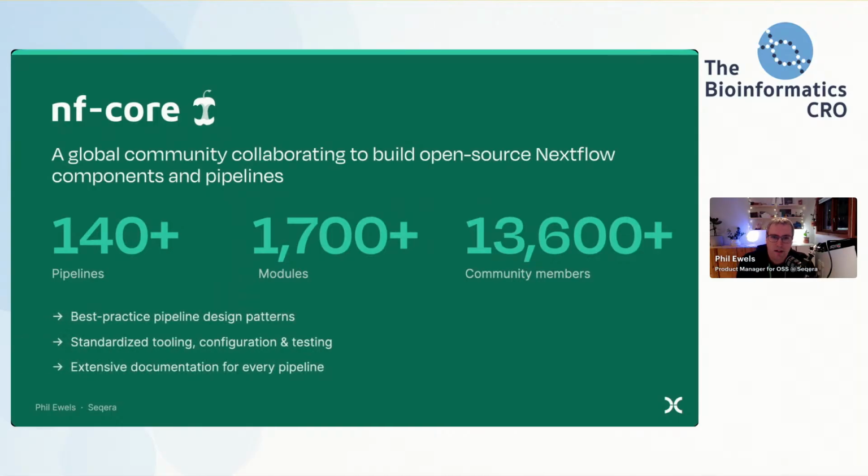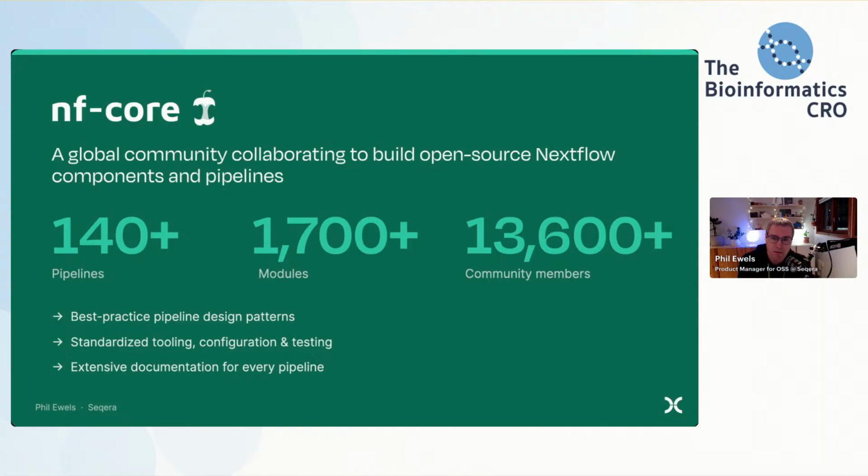The two have formed a very symbiotic relationship. And now we have over 140 different pipelines, which is astonishing when you bear in mind that one of our key guidelines is we only have one pipeline per data type or analysis type. So we have only one RNA-seq pipeline. So that's 140 different types of data analysis that we have pipelines for.